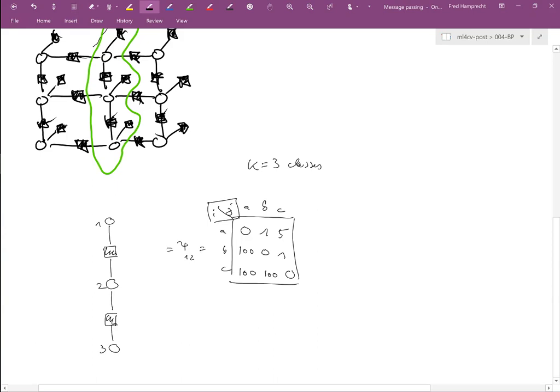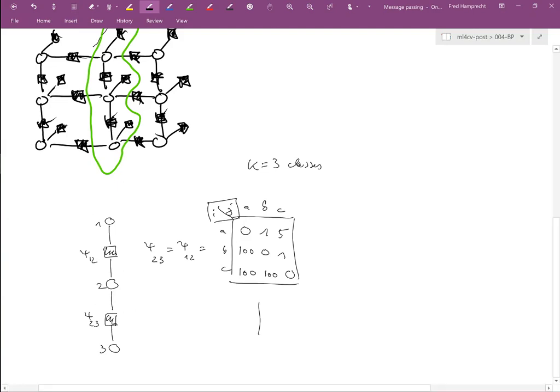And I also claim, I'm using the same throughout. I'm saying that this is also psi 2, 3. Okay, this here is psi 1, 2, and this is psi 2, 3. And I'm using the same one because I want to use the same parameters in the whole image. Otherwise, I would need millions of parameters, and I don't want that.